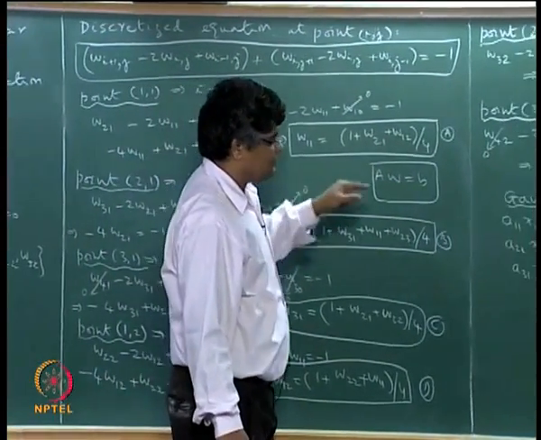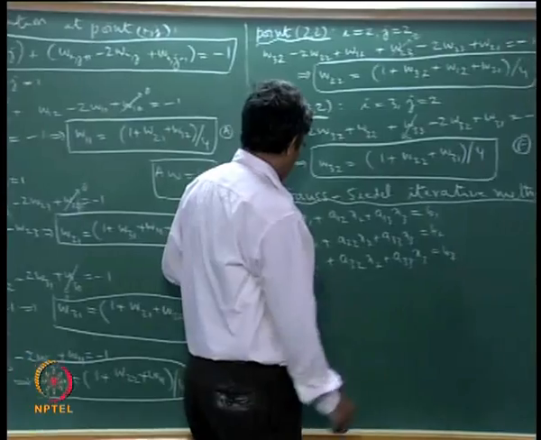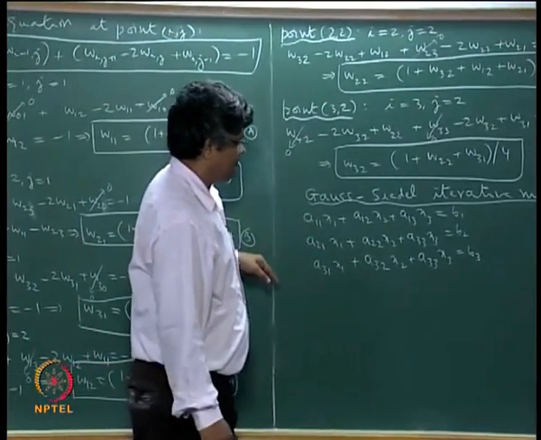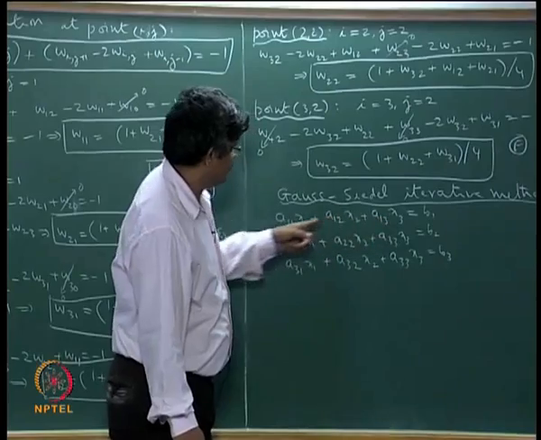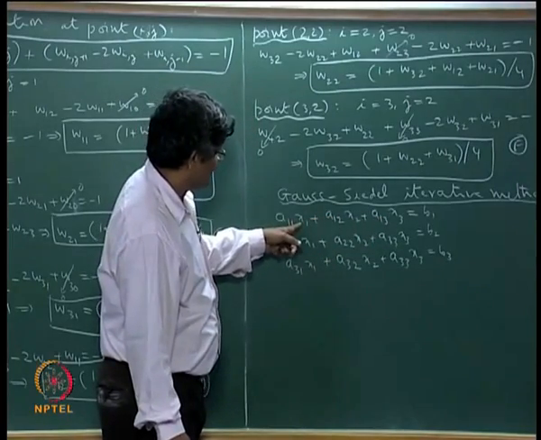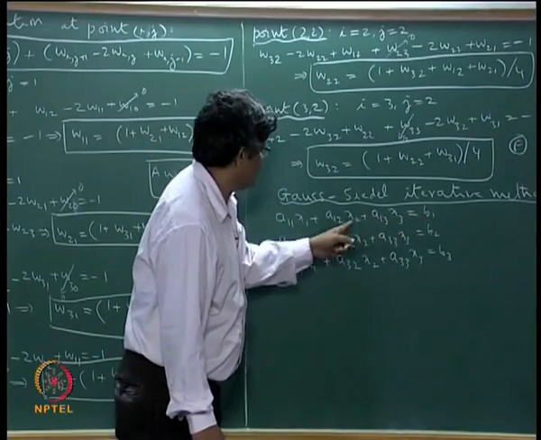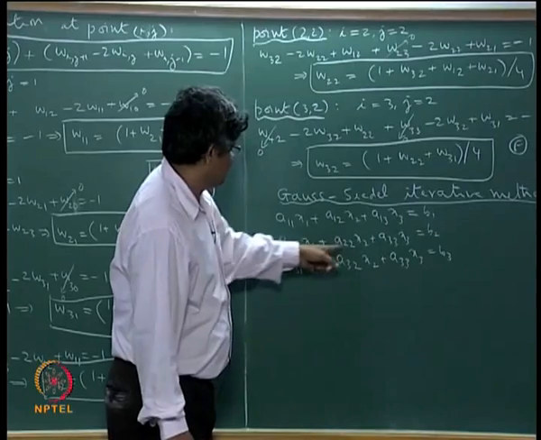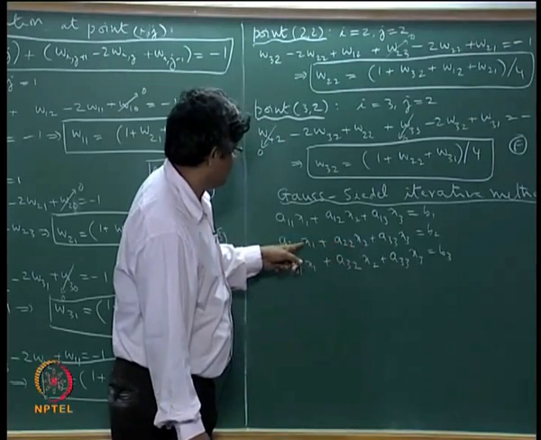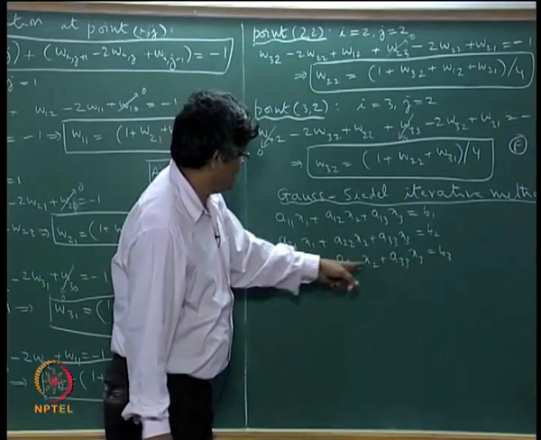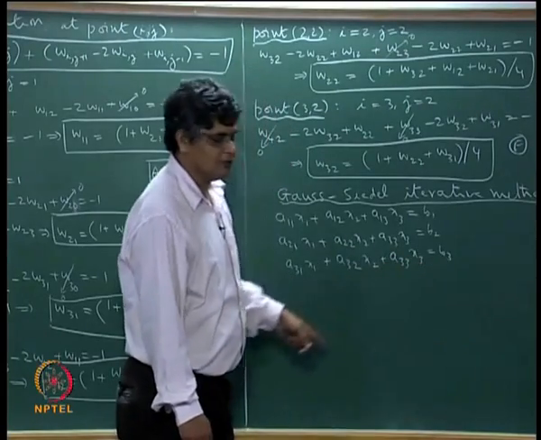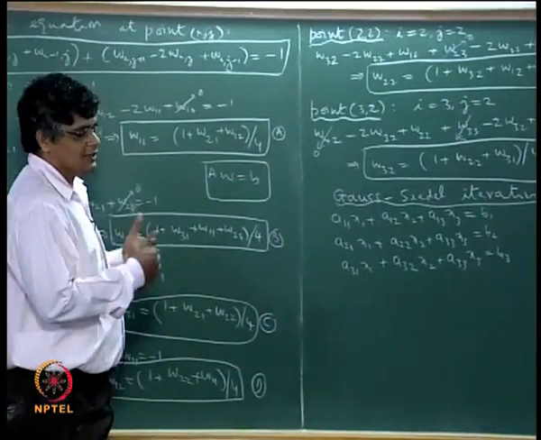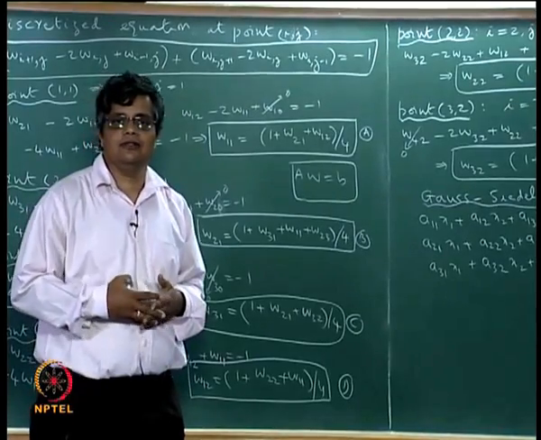And in the Gauss-Seidel method, we solve this iteratively by taking the first equation, we express x1 in terms of x2 and x3, and we take the second equation x2 in terms of x3 and x1, and then x3 in terms of x1 and x2 using the third equation, and we start with some guess value.